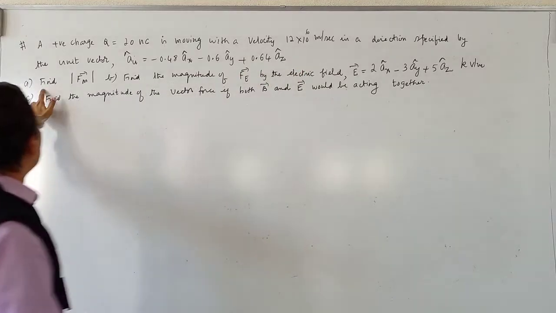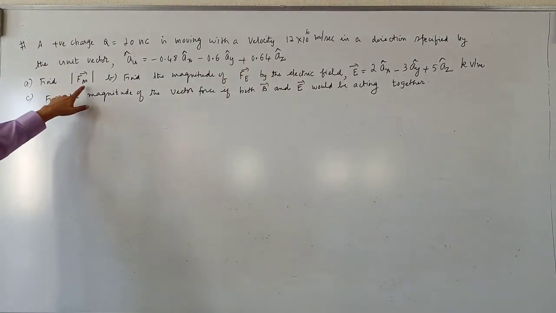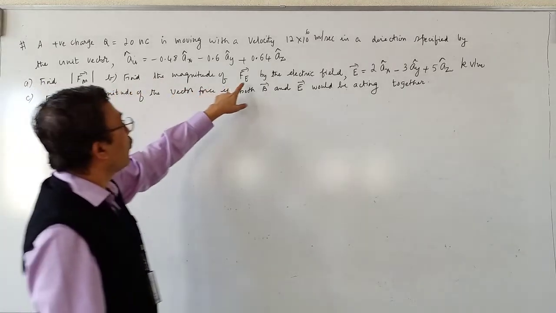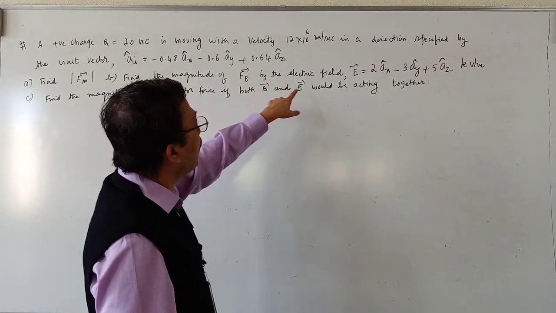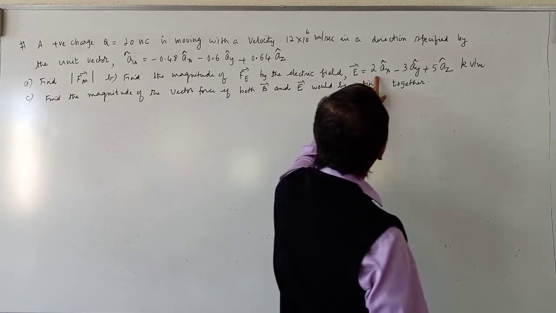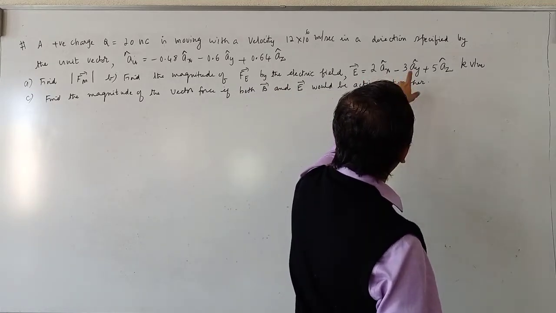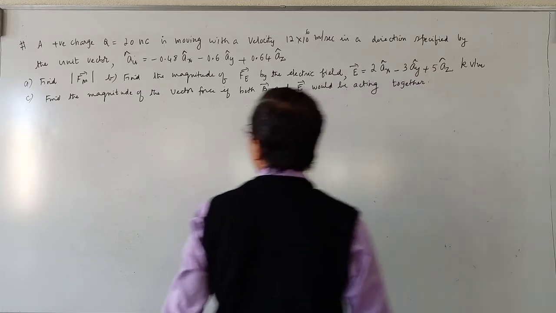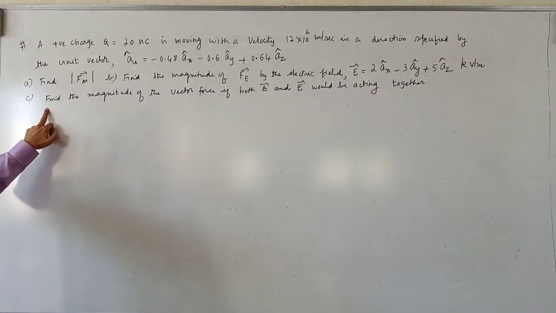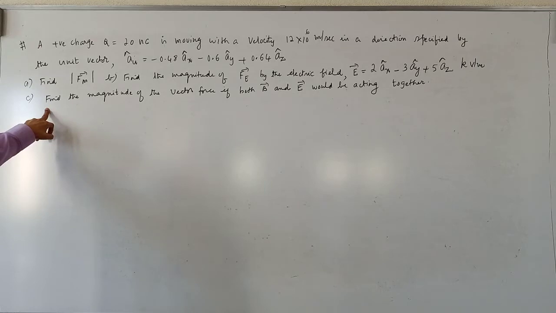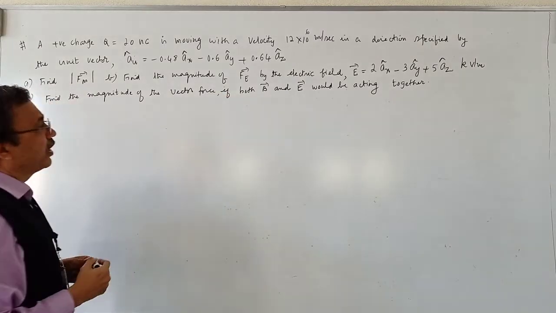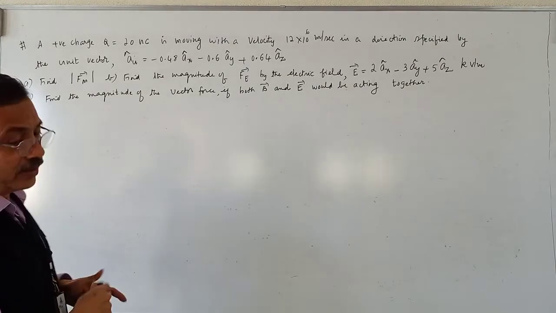Part A, find the magnitude of vector Fm. Part B, find the magnitude of vector Fe by the electric field vector E equals 2 aX minus 3 aY plus 5 aZ kilovolts per meter. Part C, find the magnitude of the vector force if both vector B and vector E would be acting together.